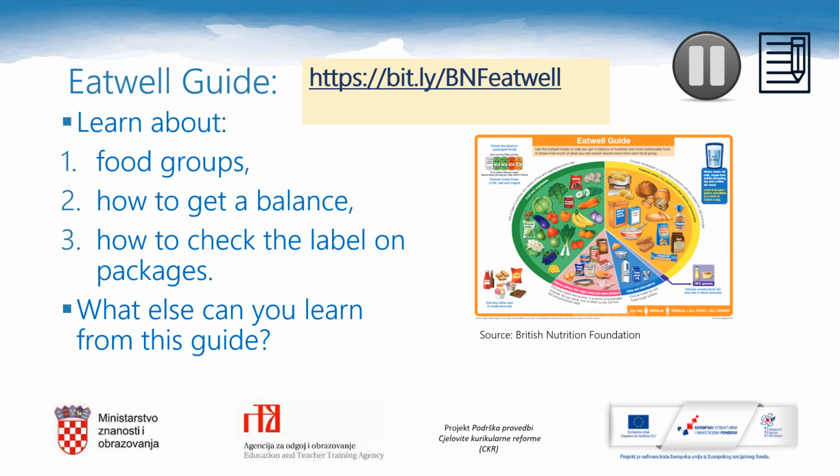You will find the poster taken from the British Nutrition Foundation, and that poster is about food groups, about how to get a balance in your diet, and how to check the label on different food packages. If you copy the link that you can see at the top of the screen, you will see this poster in its full size, and you will be able to read the text from the poster.